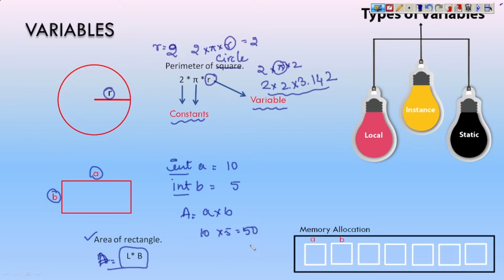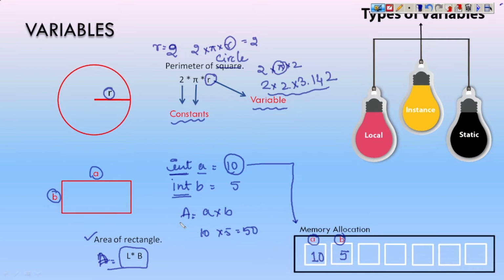Now, if you look at the memory allocation over here, if I give int A, then the value of the variable A is going to sit in the memory allocation over here, that is 10. In the same way, if I give int B, it is going to sit in the memory for B. These are not already there, but as you assign a new variable, memory will be allocated to that particular variable.